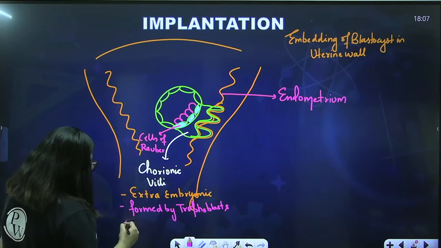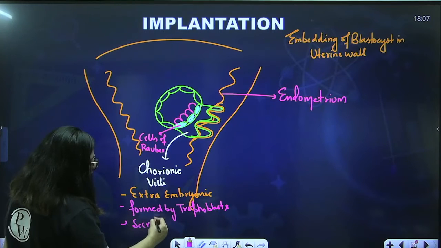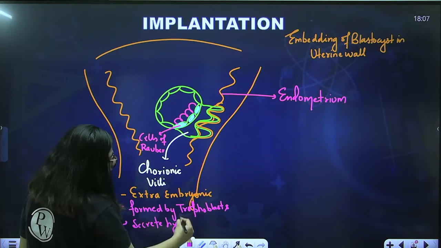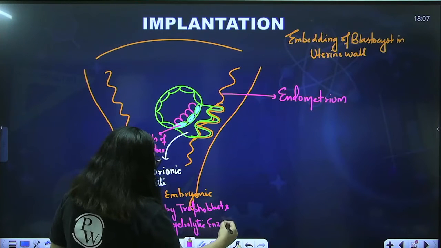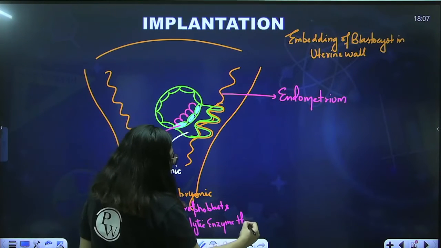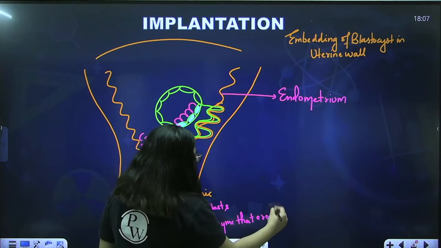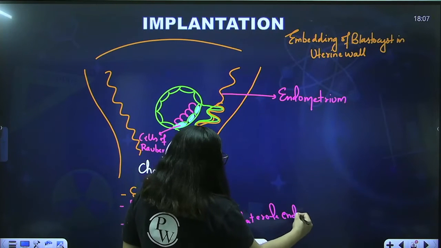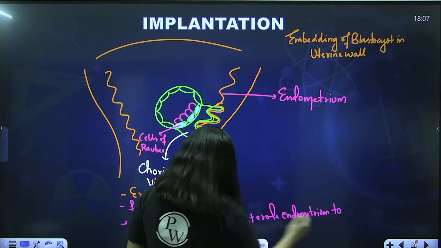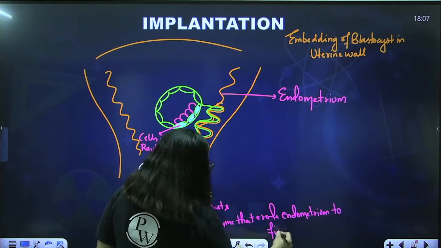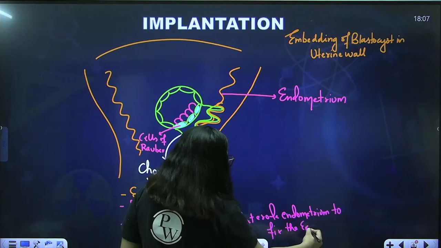Okay, and they secrete hydrolytic enzyme that erodes the endometrium to fix the embryo in it.